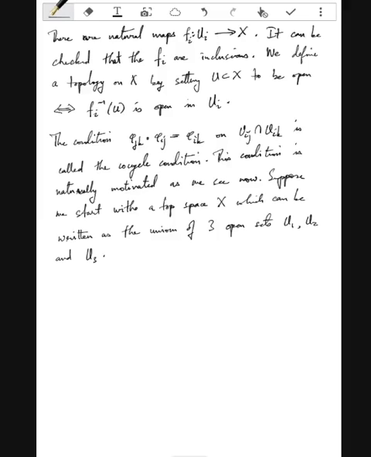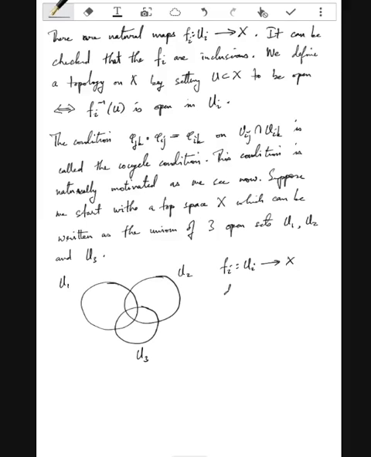So my X is U1, U2 and U3. Let's give the inclusions names. Let Fi from Ui to X denote the inclusions.